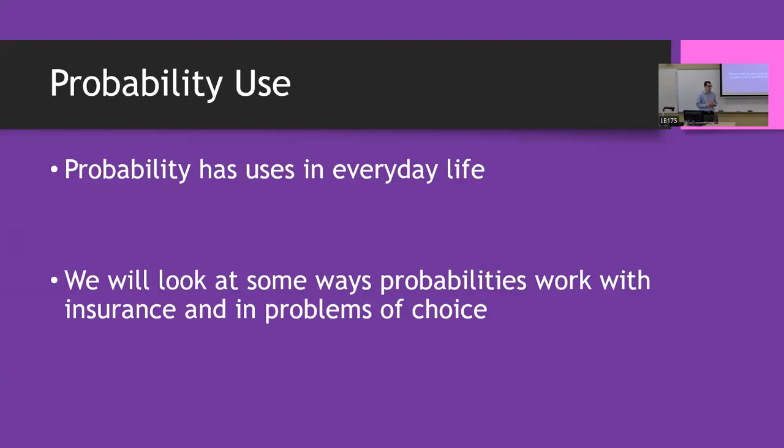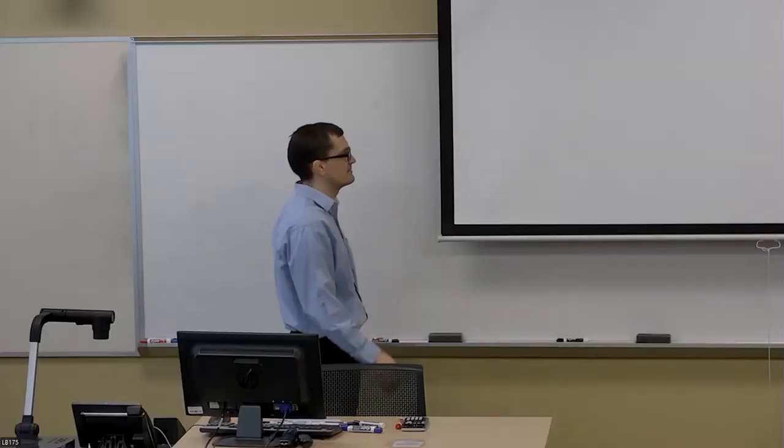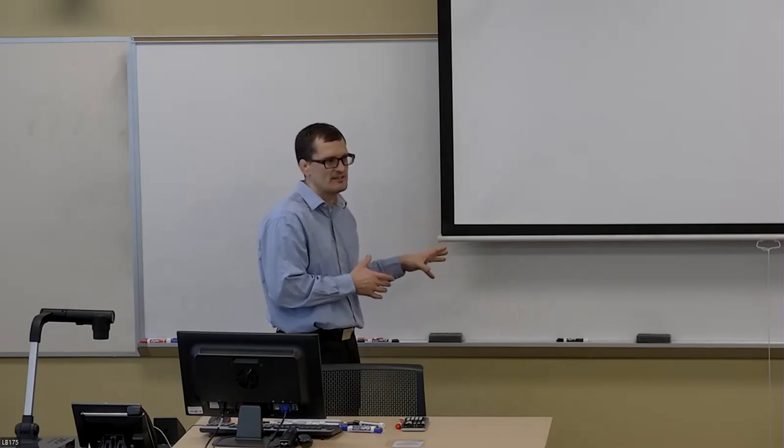It's a low probability I get hit, and even if I get hit, it's a low probability that something really, really bad happens to me. Okay, that makes sense? So we all use these probabilities informally in everyday life, but we're going to more formalize that here.